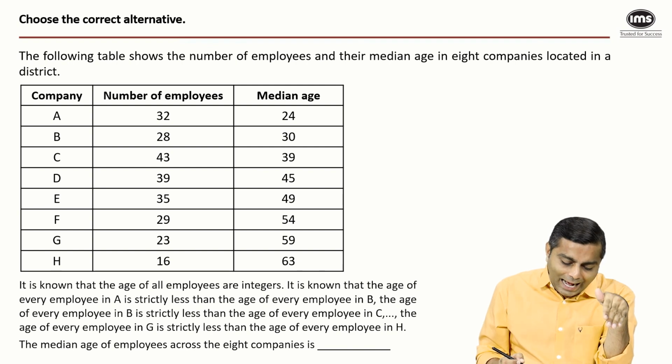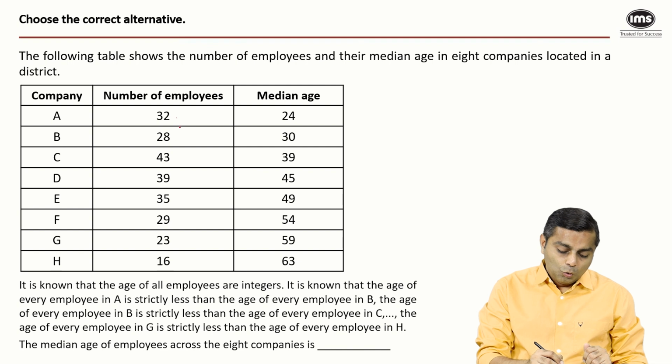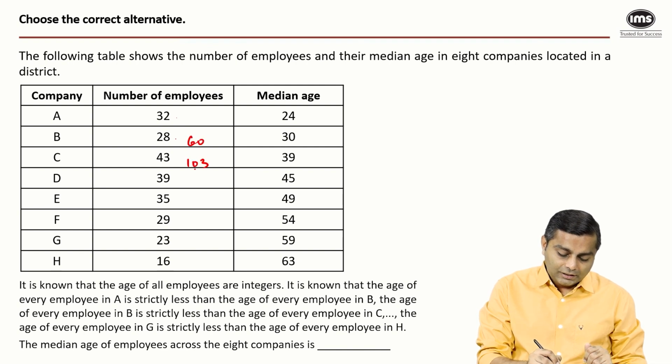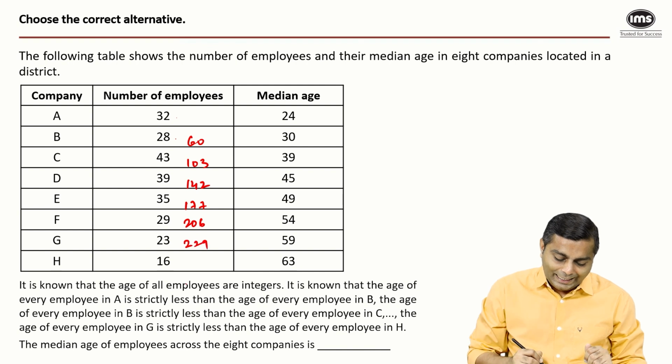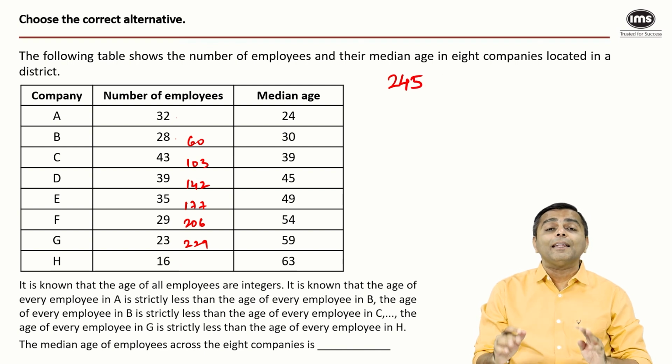So let's quickly add the number of employees column. 32 and 28 is 60, 60 and 43 is 103, 103 and 39 is 142, 142 and 35 is 177, 177 and 30 is 207, 1 less, so 206, 206 and 23 is 229, and 16 is 245. So the total number of people is 245.